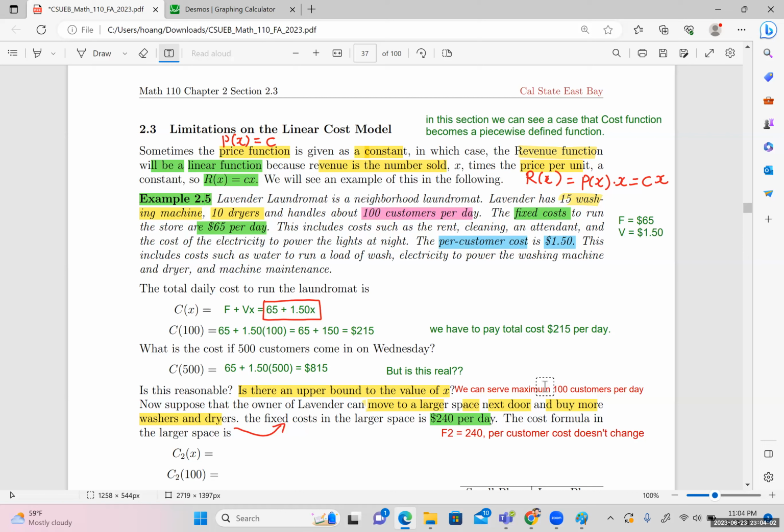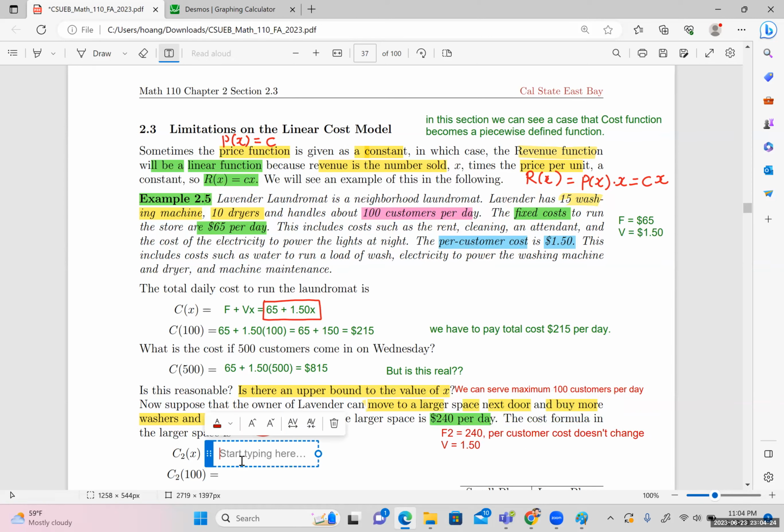But per customer, the cost doesn't change, and it's still going to be 1.50, right? So V will still be 1.50.